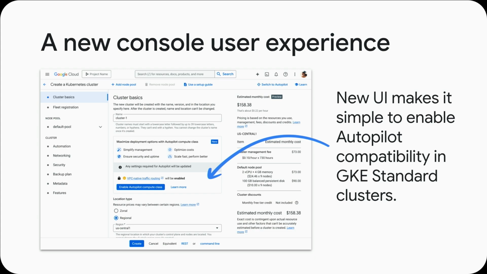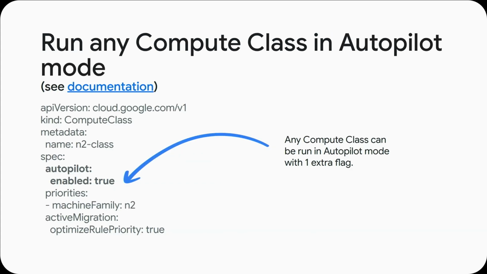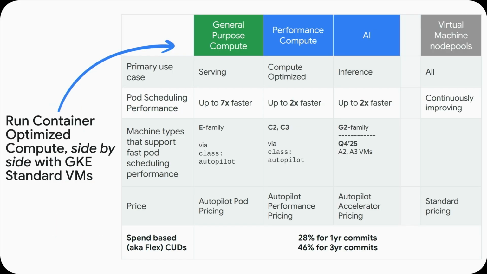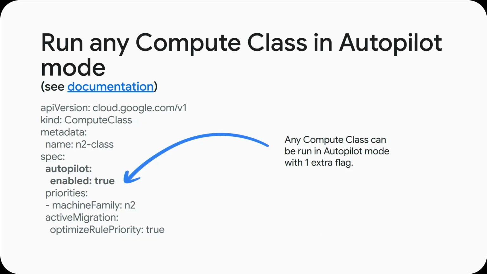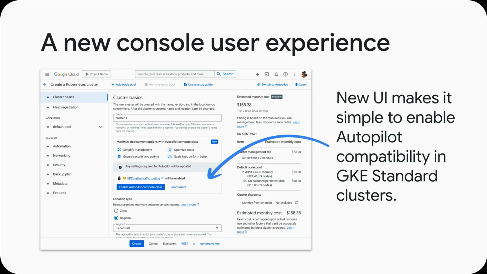So you might be asking, how does that work? Well, it works by giving you the compute classes that you are probably familiar with. If you have used Autopilot before, you know that Autopilot has this concept of compute classes, where a compute class defines what type of node you can get for the workload.